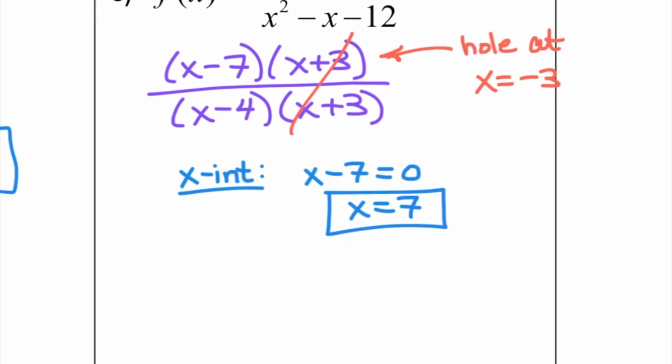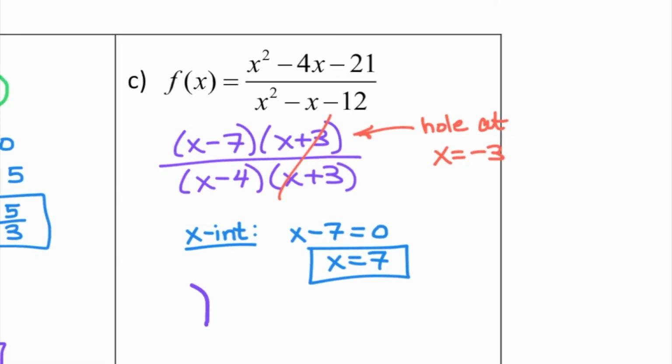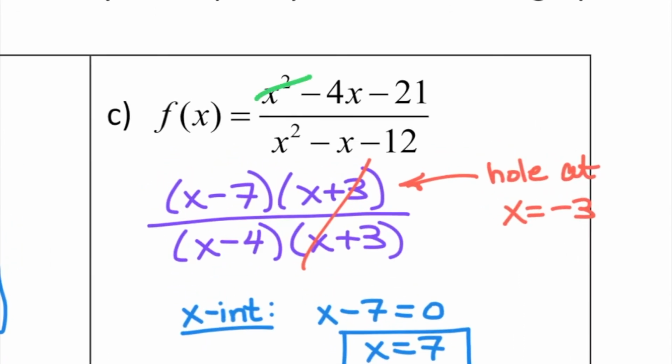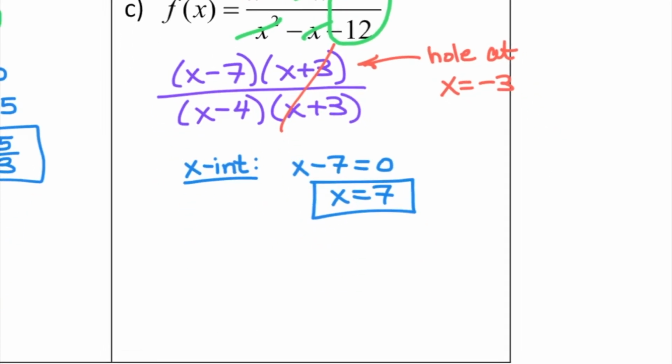And then for your y-intercept, I'm going to go back to the original function. For the y-intercept, again, I'm going to ignore the terms that have the x's in them and just look at negative 21 over negative 12.